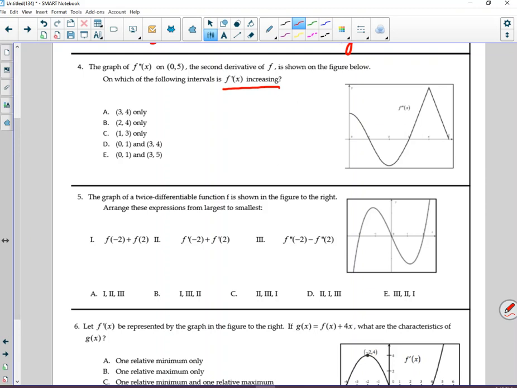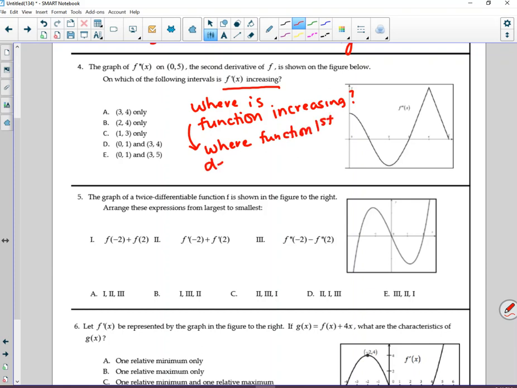So if we can ignore the primes for a minute, if I want to know where a function is increasing, any function, we would look at where the function's first derivative is positive.